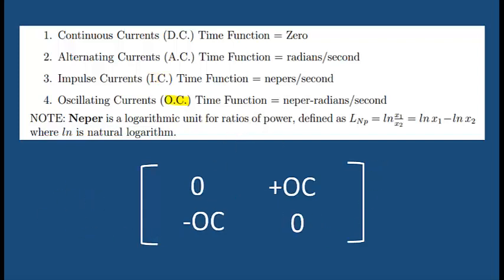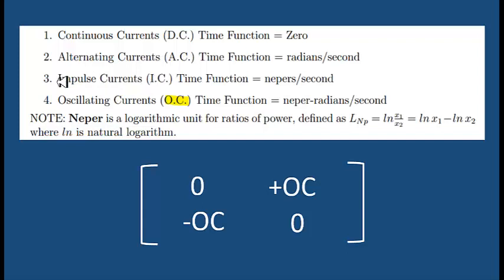In a similar manner, since oscillating circuits are oscillating, I would put oscillating currents on the backward diagonal of my complex notation. But is this the right thing to do? This doesn't seem right to me, because oscillating currents appear to be a hybrid of alternating currents and impulse currents.